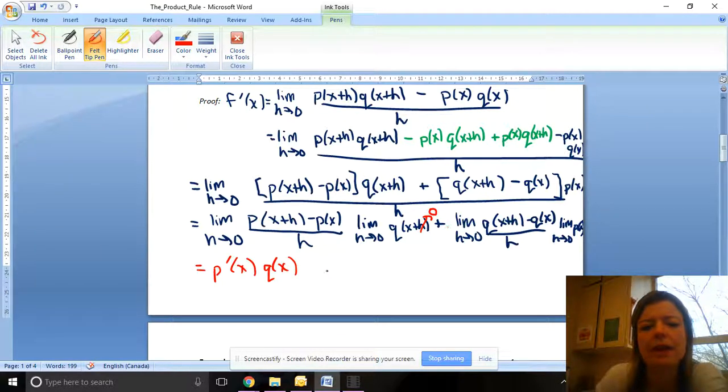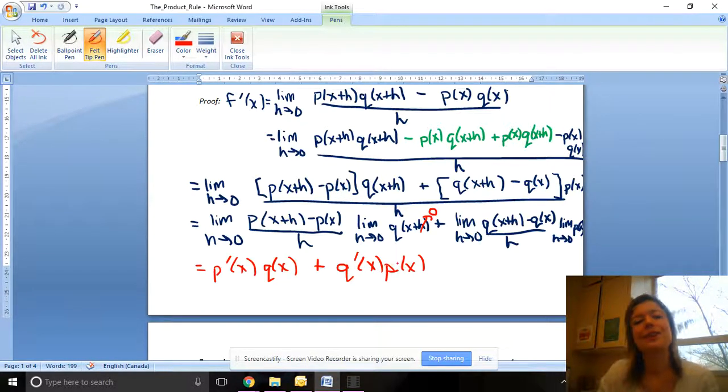And then this plus this is just the definition of q prime at x. And this, you're just left with p at x because there is no h even involved in that statement. So there you go. That's the proof. Isn't that super fun? So this shows that this above statement is actually true.